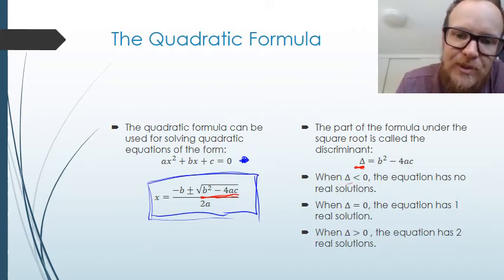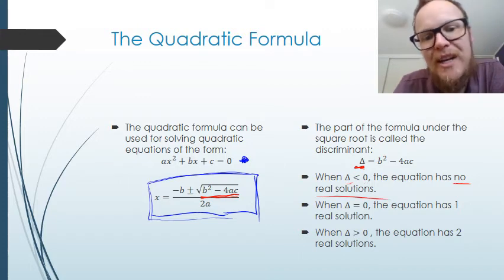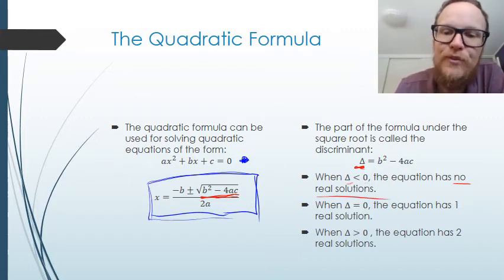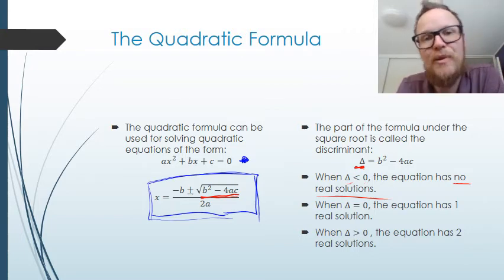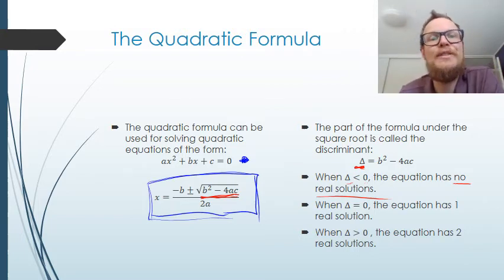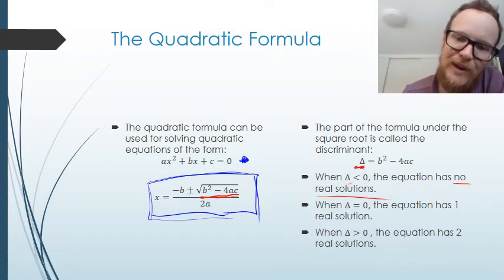If this discriminant is less than 0, the equation has no real solutions. The reason for that is, if it's less than 0, that means it's a negative number. That means underneath the square root is a negative number, and we can't do that with real maths. It becomes an imaginary number, so we'd have to do away with that.